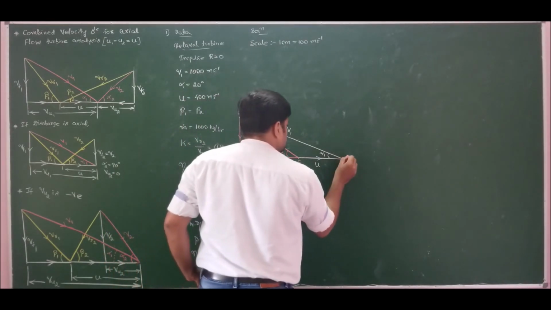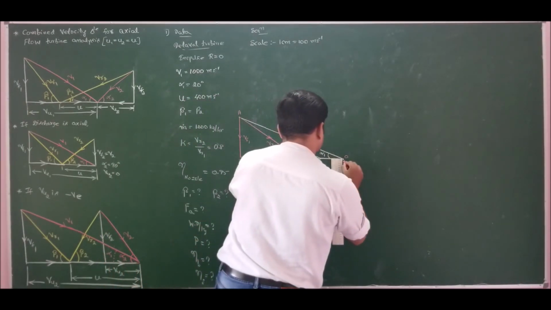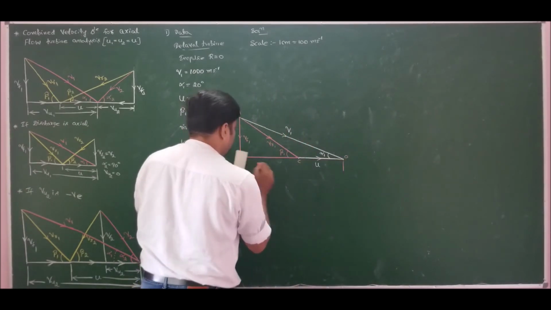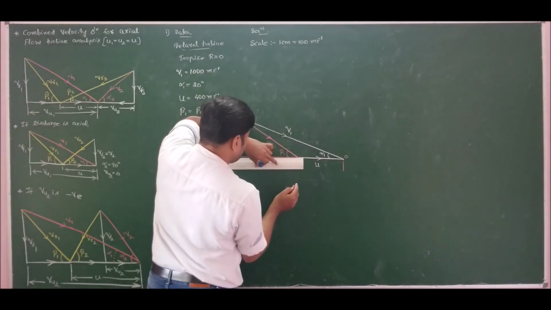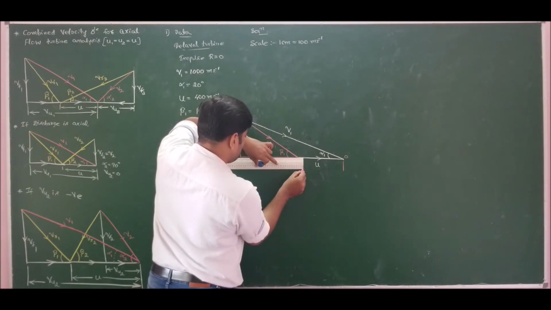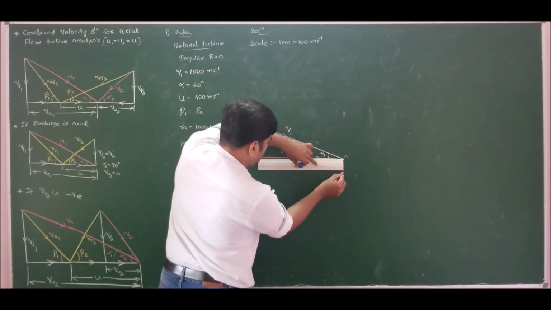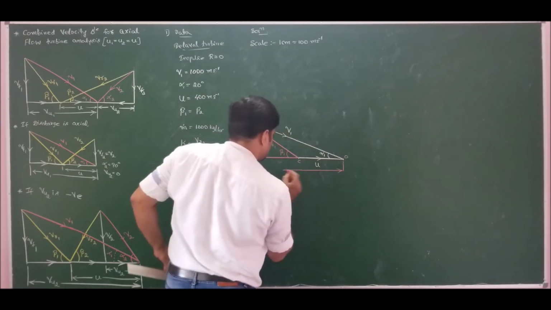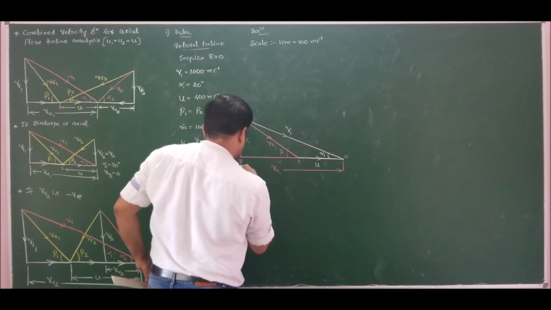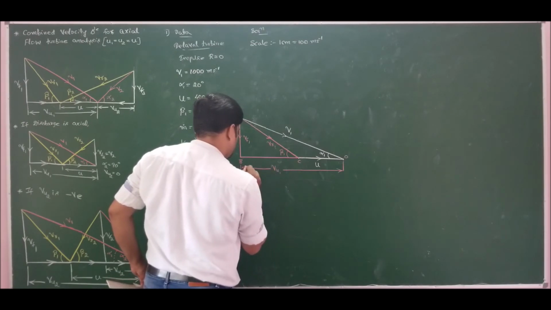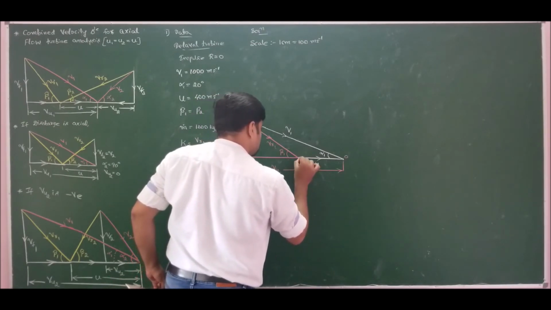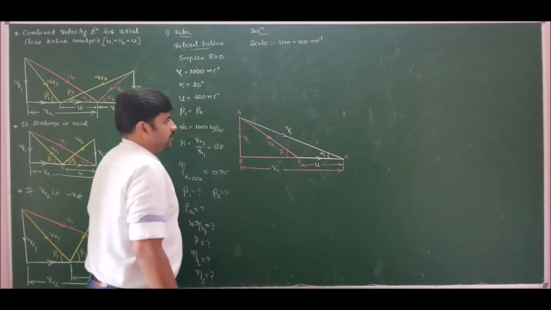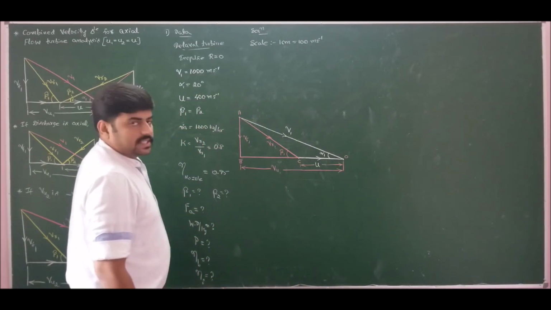Let us take the foot as O. From O to D, if I measure, I will get VU1. So this completes the inlet velocity triangle.